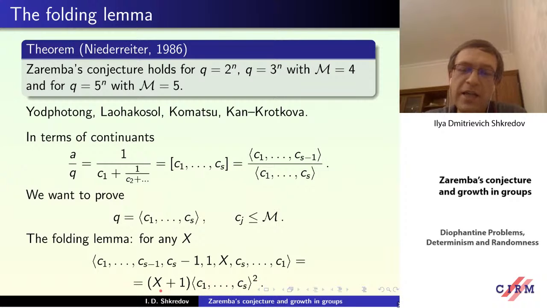Times, I can choose x equal to 1, say, or 3. And after that, I obtain this result with 2 to the n. Of course, there are some technicalities here, but the idea is this.